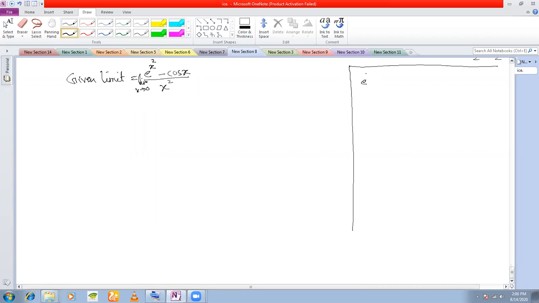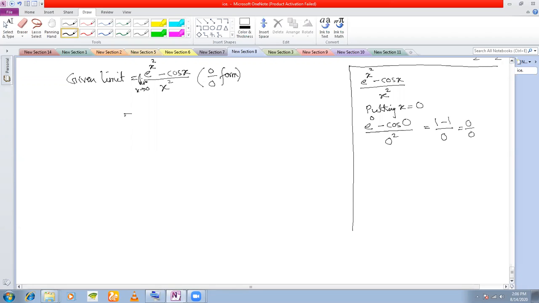You put x is equal to 0. So you get e to the power of 0 minus cos 0 divided by 0 square, which is 1 minus 1 by 0, which is a 0 by 0. So this is a 0 by 0 form.